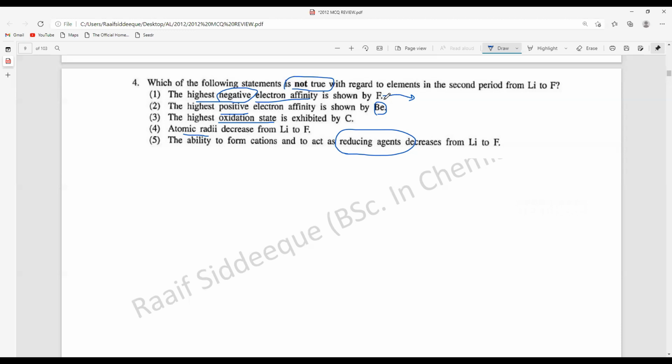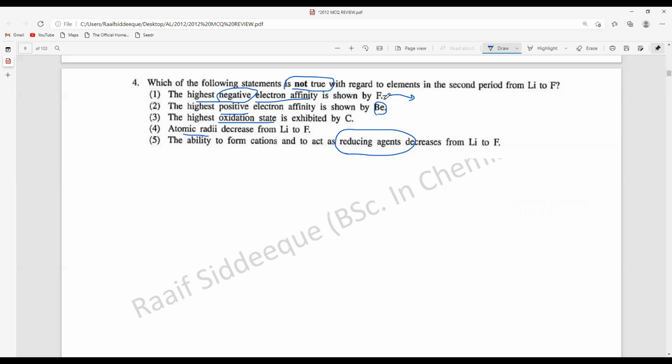If you go a little to the elements before fluorine, that is oxygen, nitrogen, carbon, boron, they still have some stability, but they are not in the stable form.